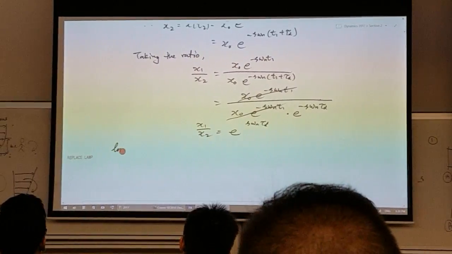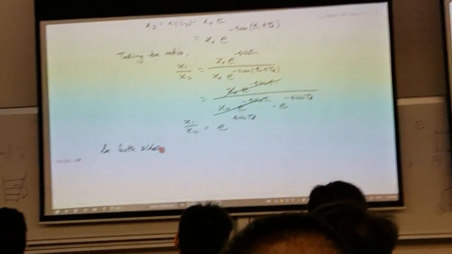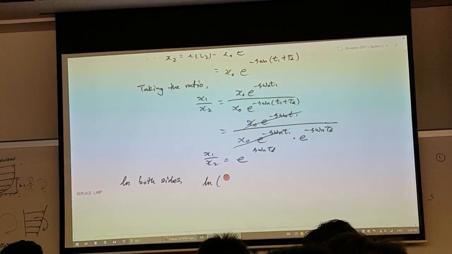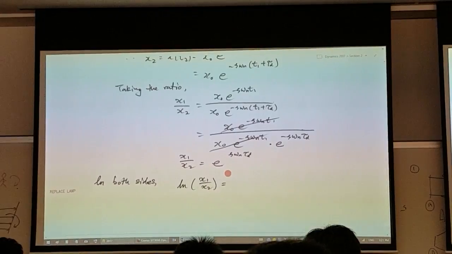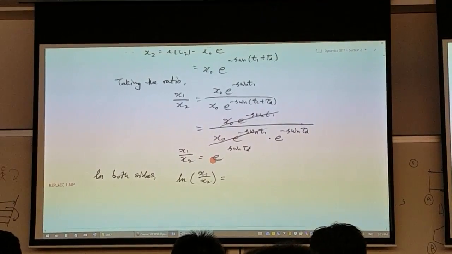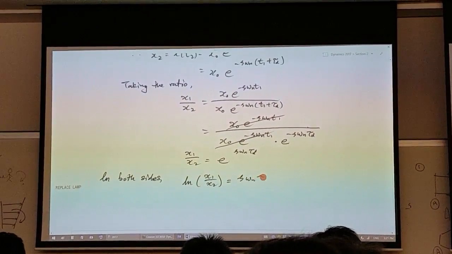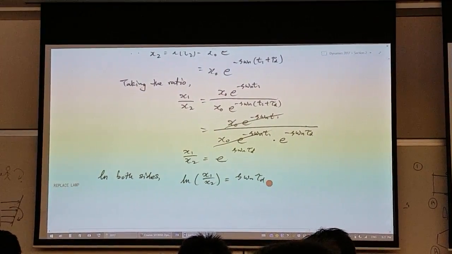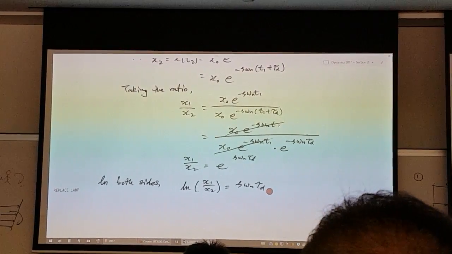So taking ln on both sides means ln on the left hand side, ln on the right hand side. If you take ln of e to the power of this, you get this. That's your logarithmic rules again.